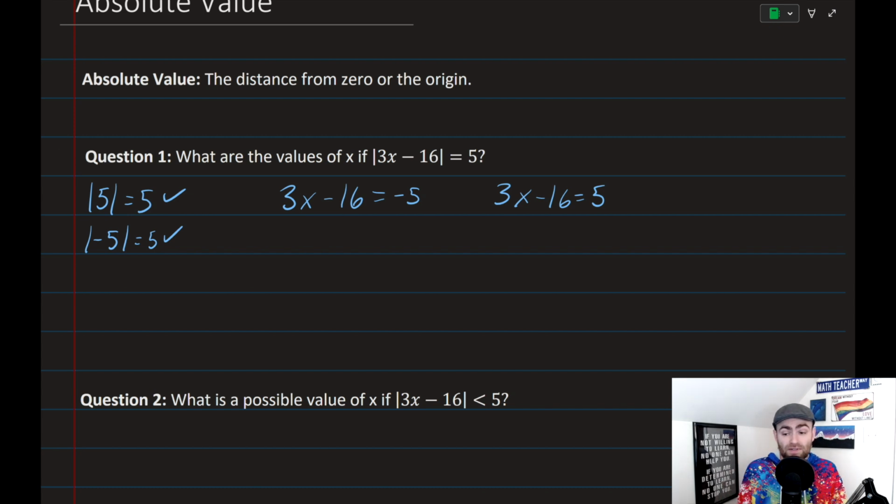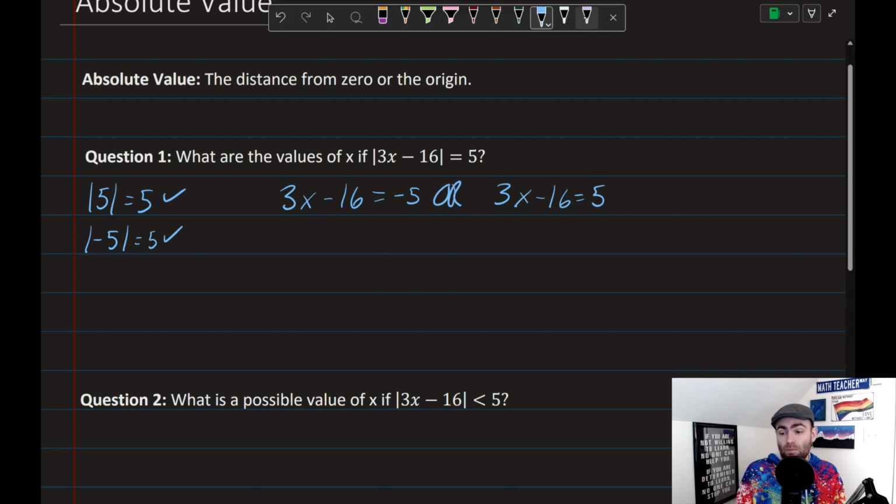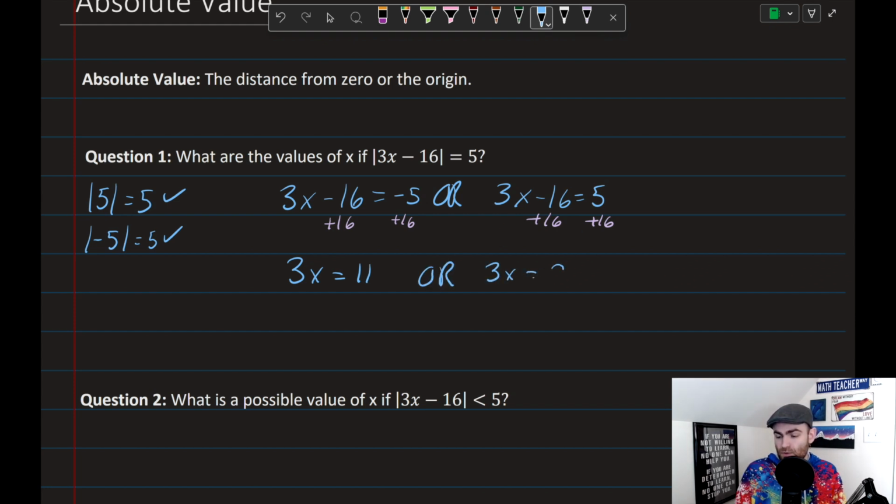And then we solve each of these equations separately. So it could be this is true or this is true. And we're going to solve both of them identically. We're going to add 16, which we're also going to do to the other side of our equation, so we make sure we maintain balance, which gives us 3x is equal to 11, or 3x is equal to 21, and then we'll divide by 3.